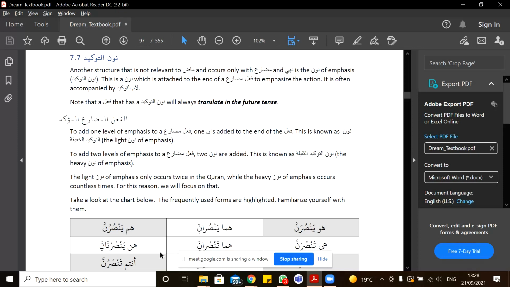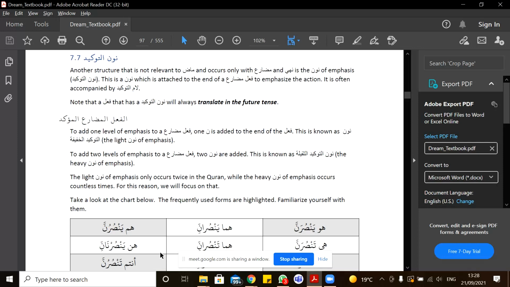Mu'akkid means guaranteed, certain or guaranteed. Can you repeat that, please? Yes, mu'akkid means certain or guaranteed. If you're sure about something, this is mu'akkid.